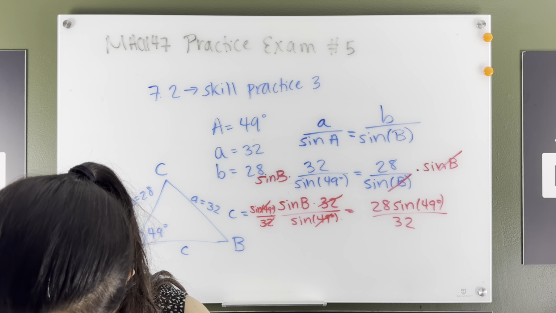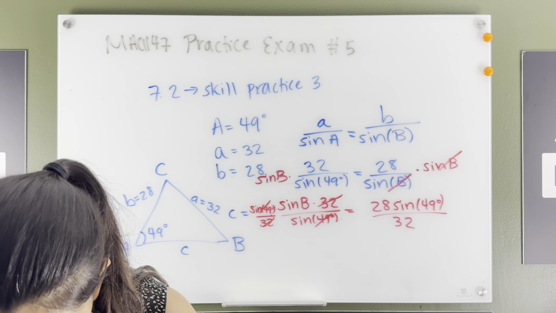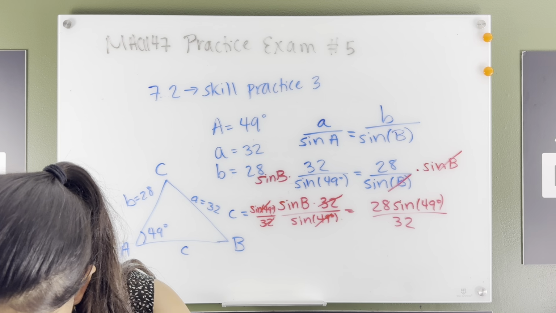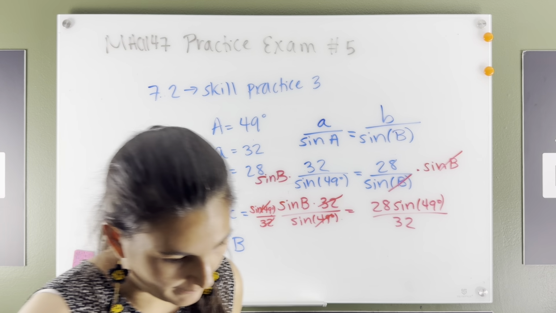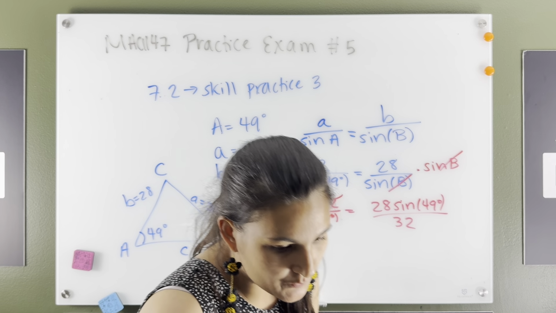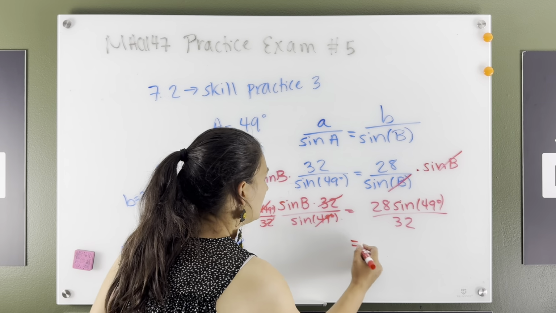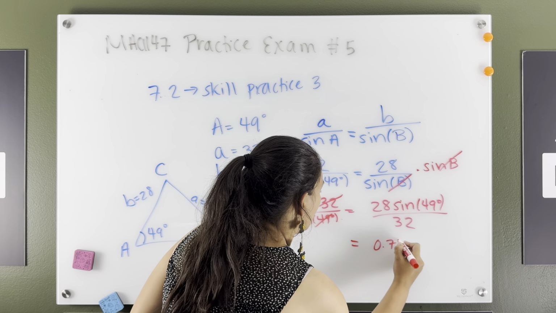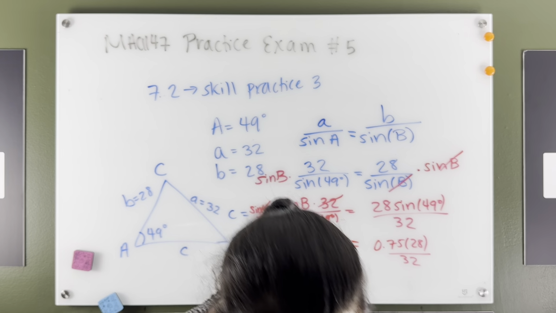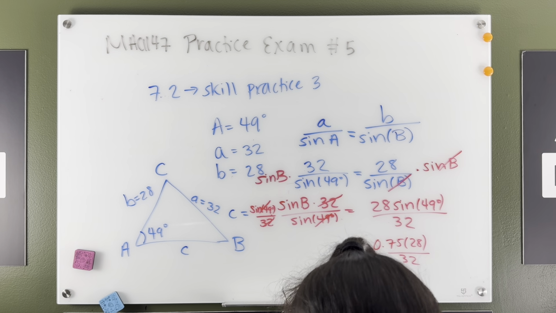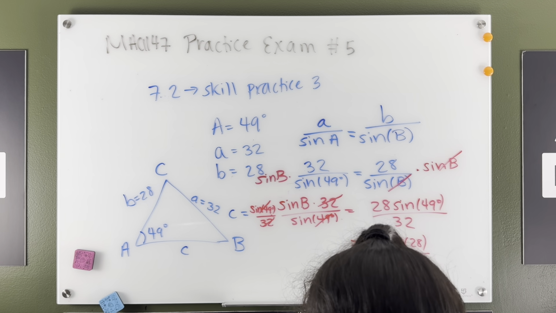Okay, so sine of 49 degrees is 0.75. Then I'll multiply that by 28 and divide by 32. Forgot to bring my calculator.